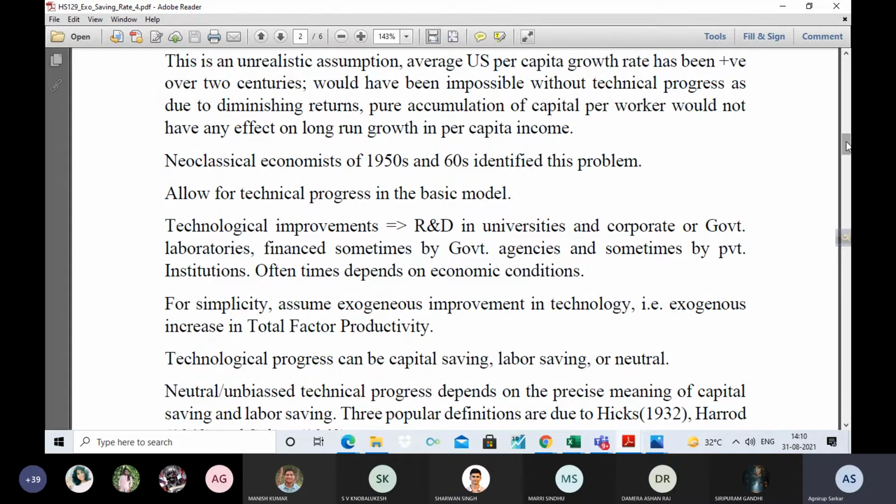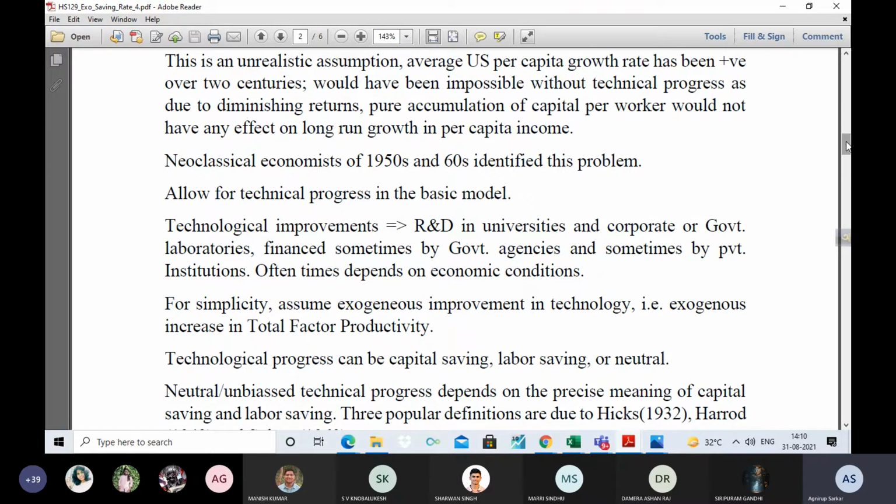So the early neoclassical economists of the 1950s and 1960s recognized this problem with the classical model, so to say, and they made amends to this very basic model to allow technological progress, that is, to allow the technology to improve over time.